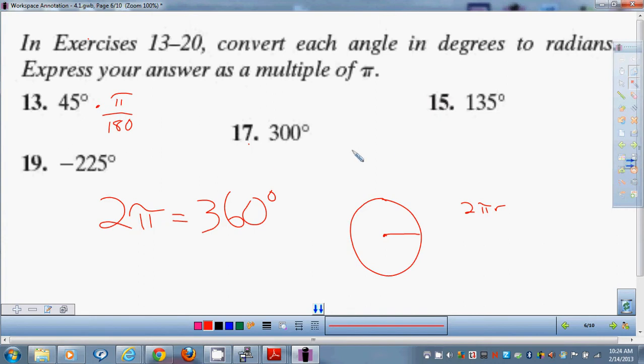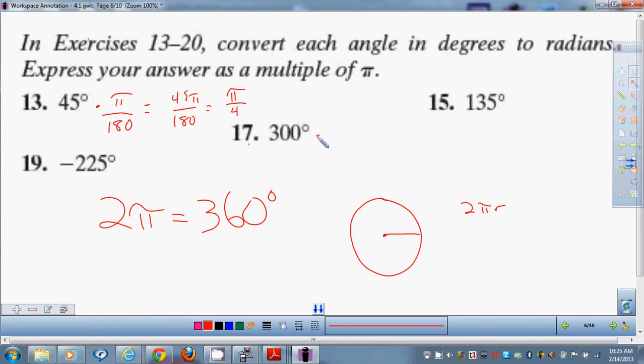So that'll be 45 pi over 180. What's 45 over 180 reduced to? 1/4. That's right. So pi over 4 is the radian equivalent of 45 degrees. Let's try another one. Let's try 300 degrees times pi over 180.